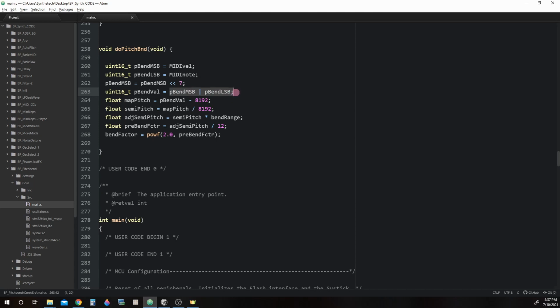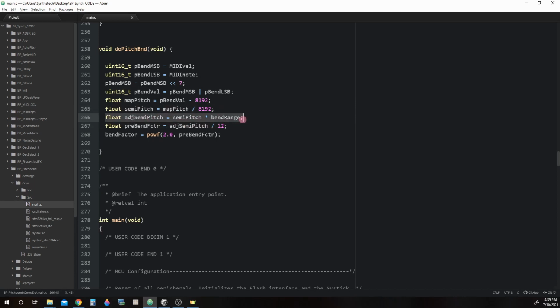Again, we'll go over this in just a moment. Next we have float map pitch equals pitch bend value minus 8192. What we're doing is remapping the pitch bend value and calling it map pitch. Next we have float semi pitch equals map pitch divided by 8192.